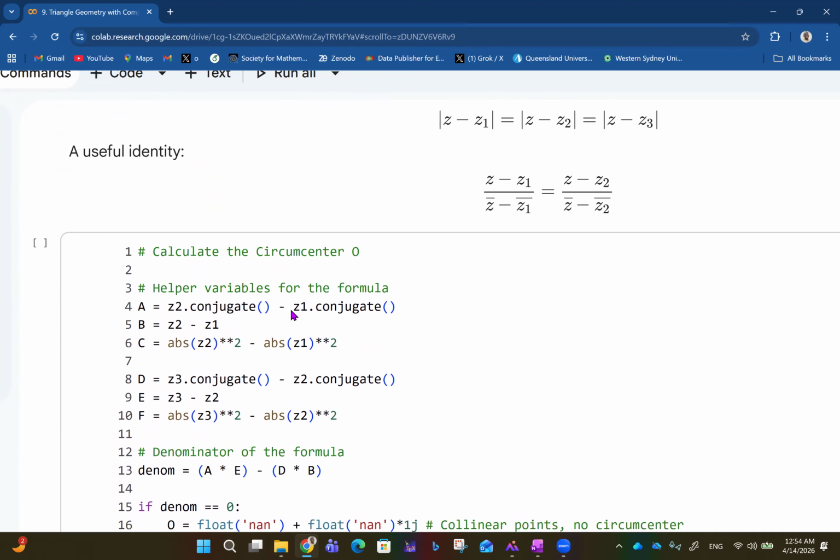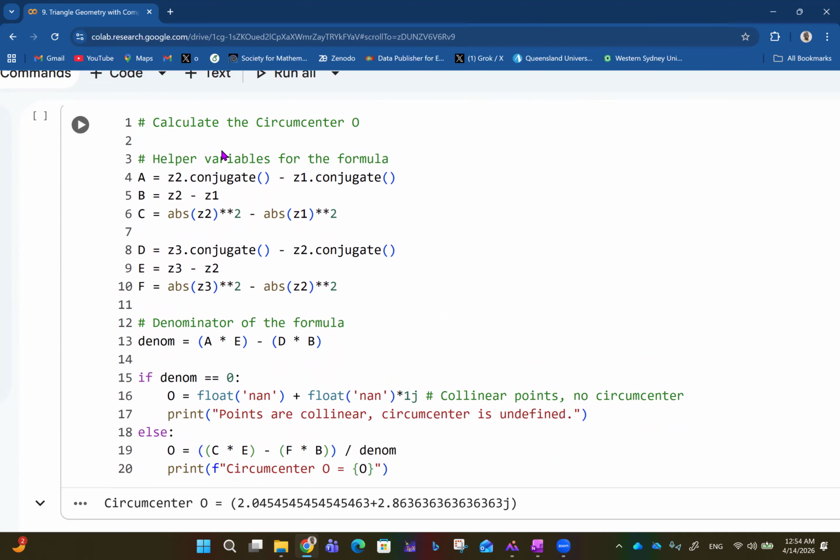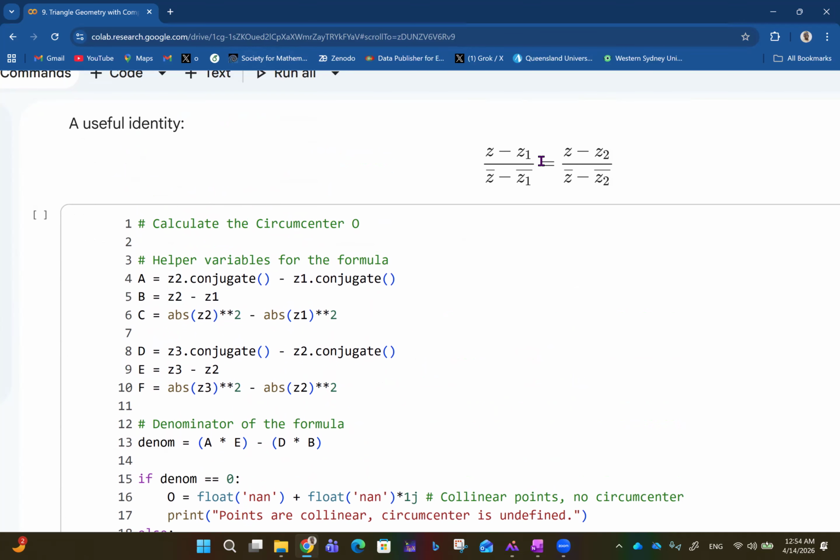So, if you do all that, you take the conjugate minus Z1 conjugate. What we are doing here is using this identity now. If you take A to be Z2 conjugate minus Z1 conjugate, then you take B to be Z2 minus Z1. So you can switch it anyhow you like.